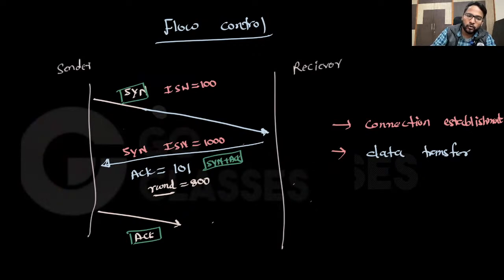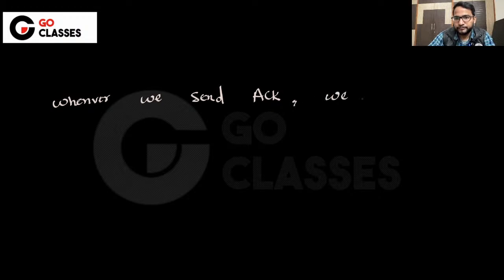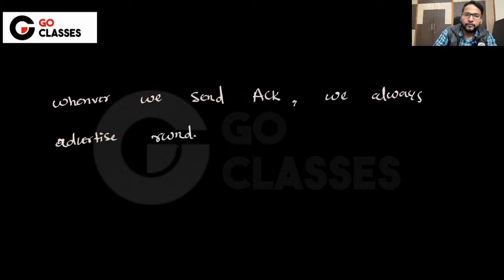If you want, you can make a note of it: whenever we send an ACK, we always send or advertise a receiver window, because ACK means it says that this is what I'm expecting.